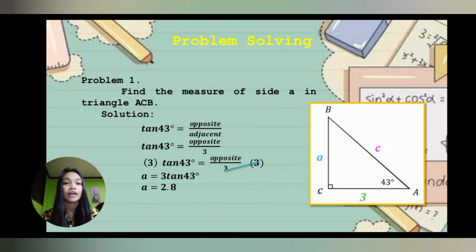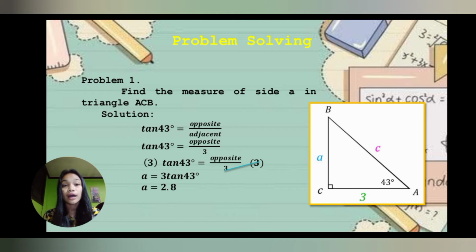So we multiply both sides by 3 in the equation tan 40 degrees equals the opposite divided by 3. We cross out the 3 here because we have the same value. So we come up with the answer of 3 tangent 40 degrees. This can already be an answer, but we can also find the actual measure of side A. All you need to do is go to your calculator and enter 3 tan 40 degrees, and we get the answer of 2.8.